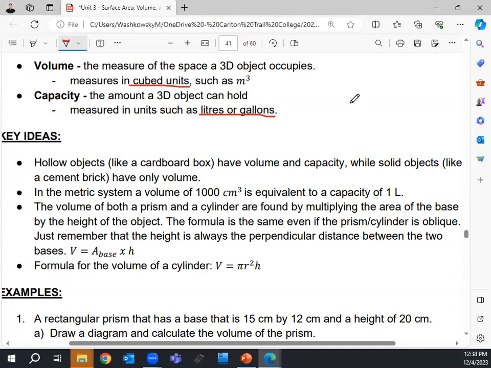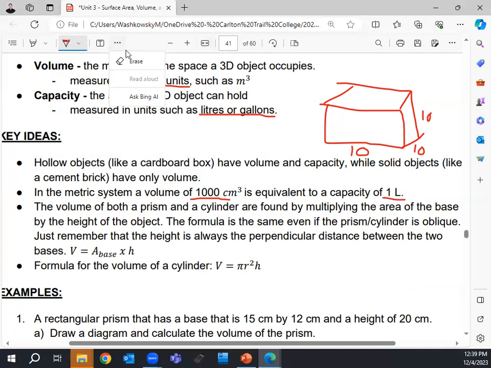What they did was they took a 10 by 10 by 10 cube. You don't need to draw this. In fact, don't draw this. It's 10 centimeters tall, 10 centimeters wide, and 10 centimeters long. They filled it with water and said, this is a liter. They just said that that's going to be a liter from now on.